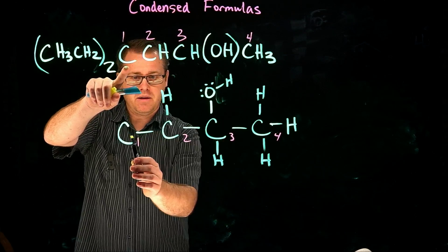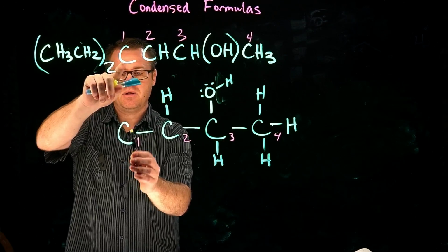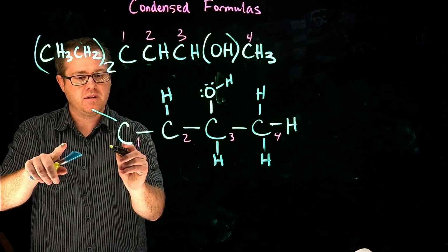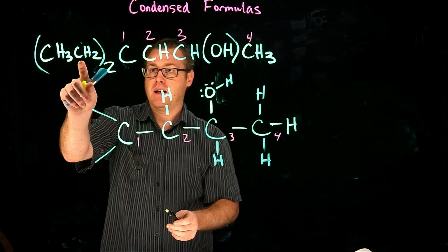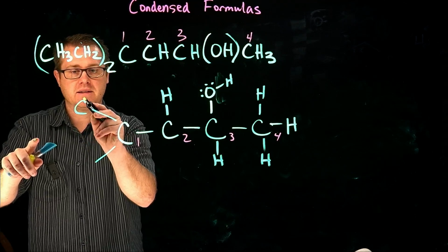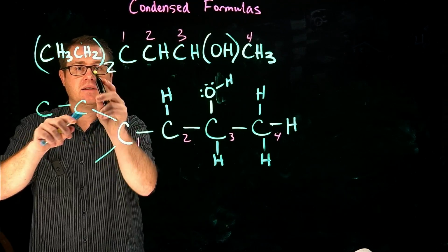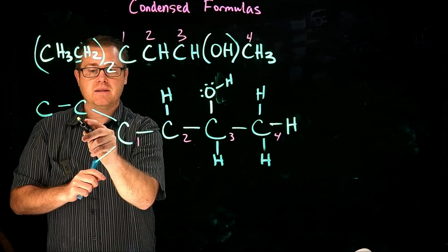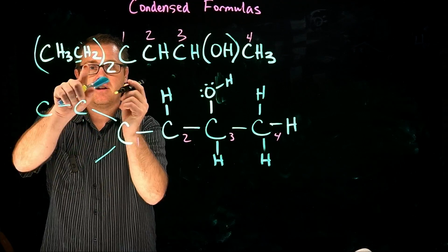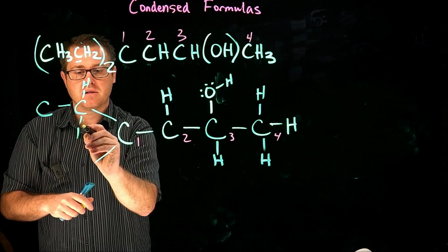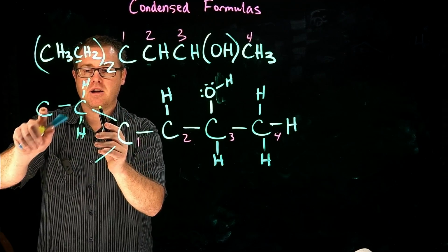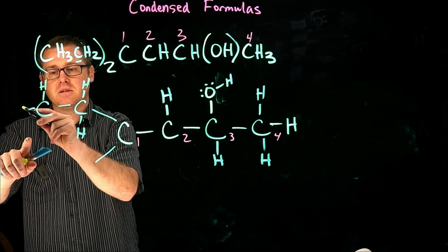We get to carbon 1, there are no hydrogens attached to it, but we do have these ethyl groups. So that's a C to a C, so that carbon is that carbon, and that carbon only has 2 hydrogens. This carbon is that carbon, and that has 3 hydrogens.